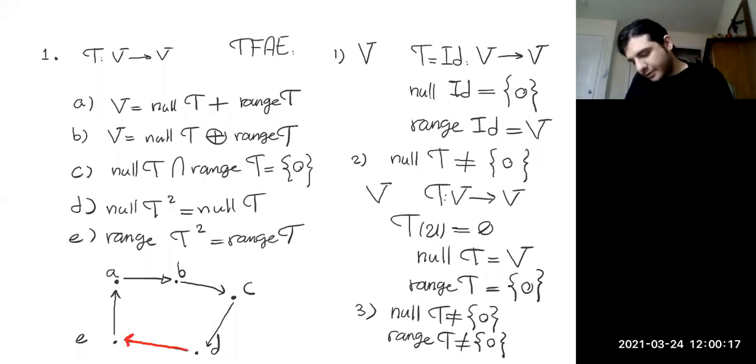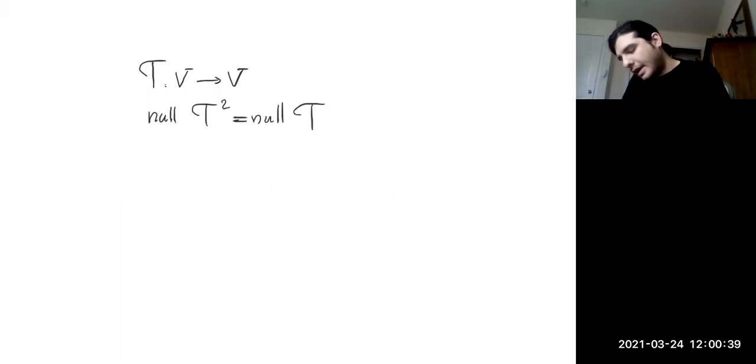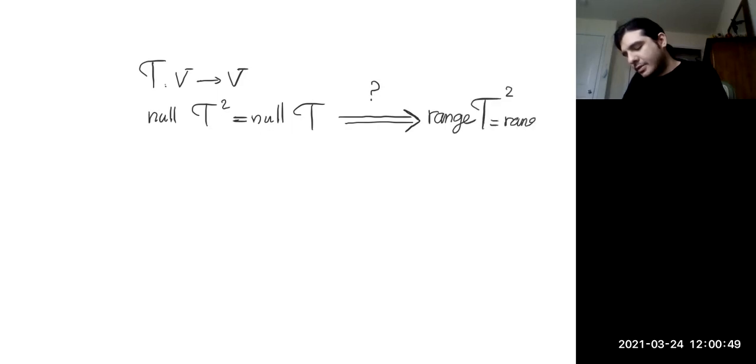We want to show if null of T squared is equal to null of T, then range of T squared is equal to range of T. So what we know is that we have a linear map T from V to V. We know null of T squared is equal to null of T. And we'd like to prove that range of T squared is equal to range of T, right?